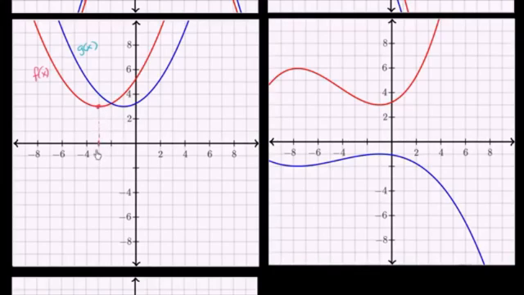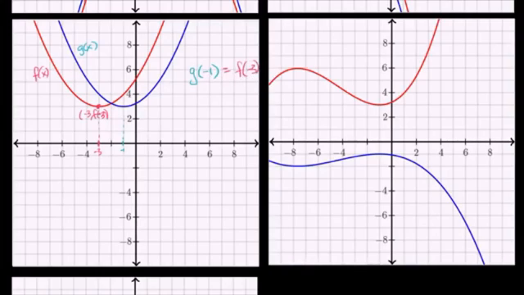This is the point -3, f of -3. Now g hits that same value when x is equal to -1. So let's think about this. G of -1 is equal to f of -3.